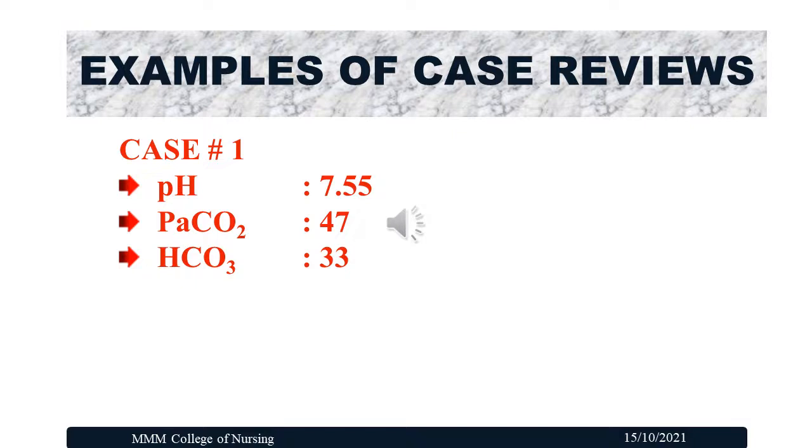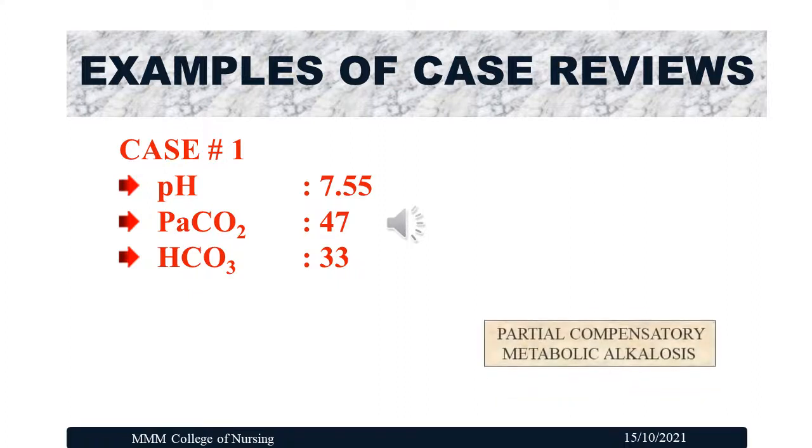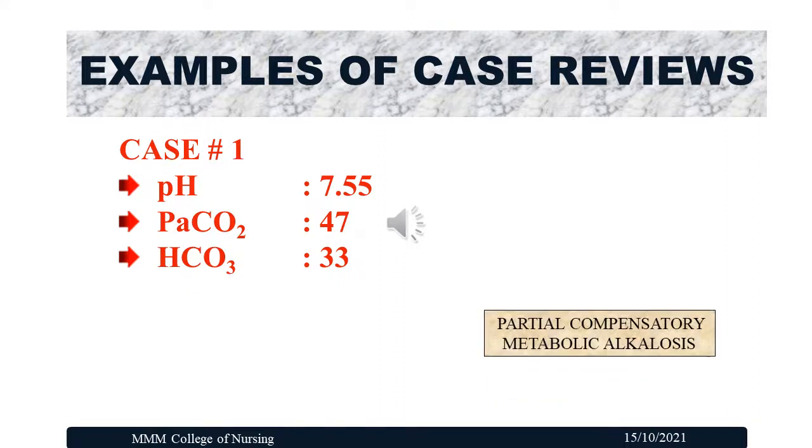Since pH is not normal, there is no compensation, but the organs are trying to compensate. If you observe the partial pressure of carbon dioxide, it is 47, which is slightly higher, and bicarbonate is high. And hence, the kidneys are trying to compensate for the lungs. Hence, the final interpretation is partially compensated metabolic alkalosis.